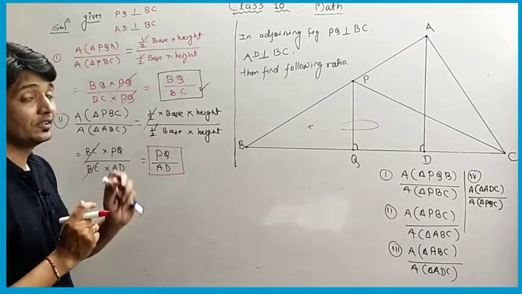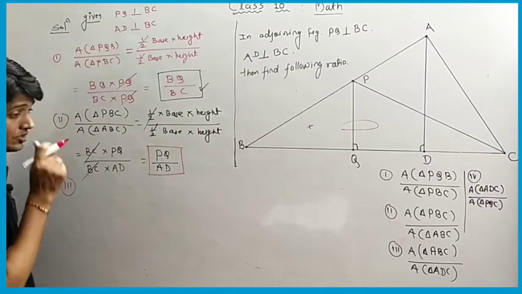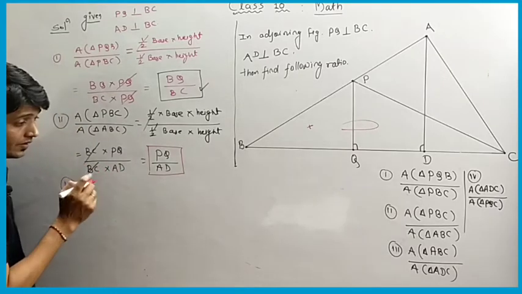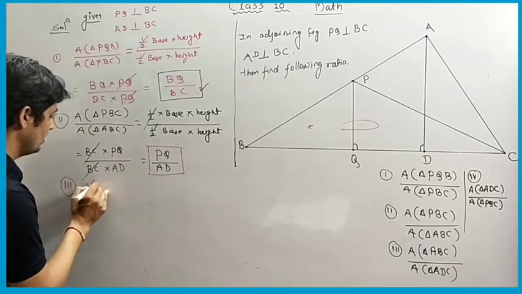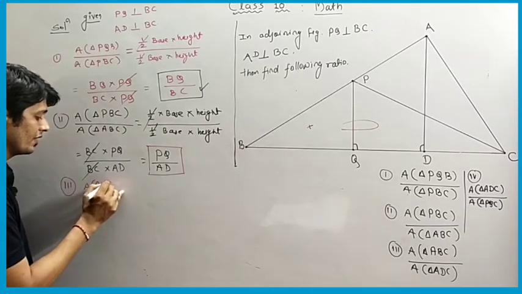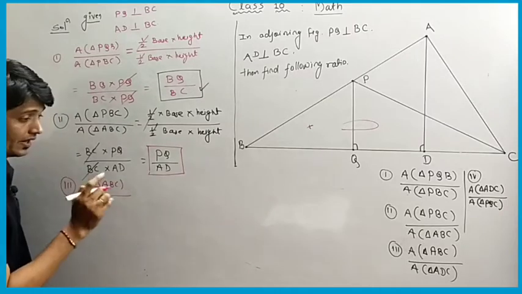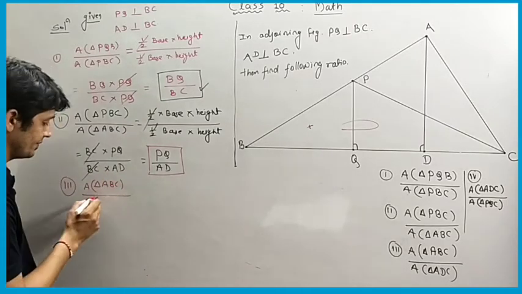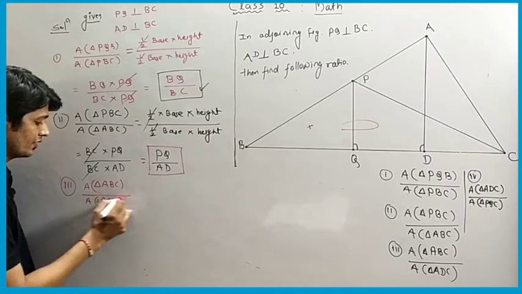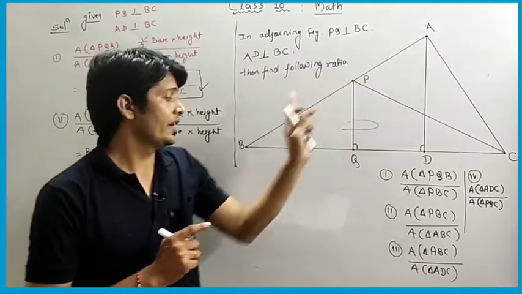Likewise, we will solve the third question. The third question says area of triangle ABC divided by area of triangle ADC equals, ABC is this one.